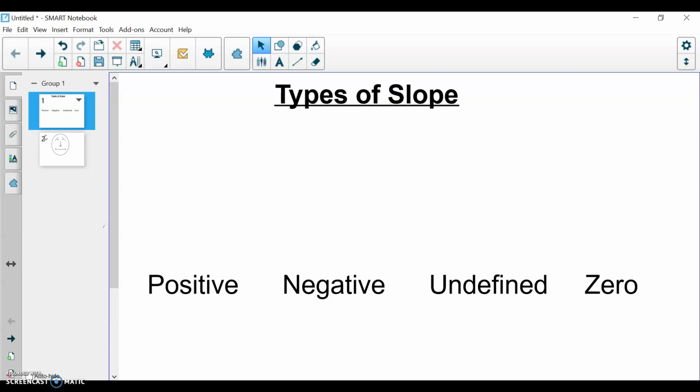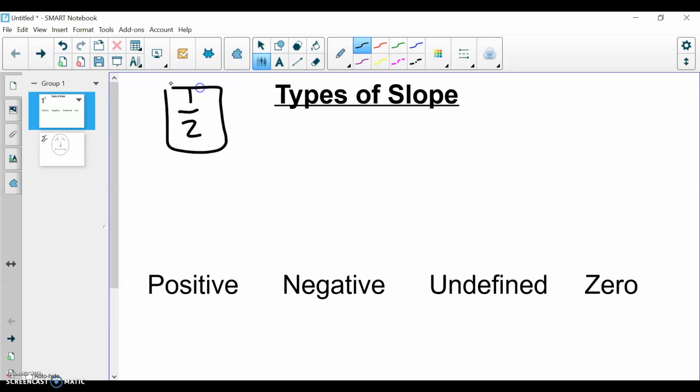So in the previous lesson, you were giving it a quantity of, let's say, 1/1/2. That would have been your slope. Or you would have given it a quantity of -4/3. That was another slope. So those were the types of things that you looked at yesterday or in the previous lesson.